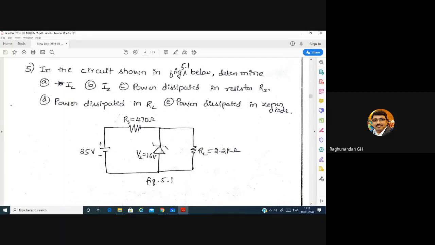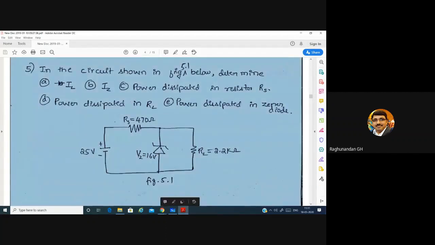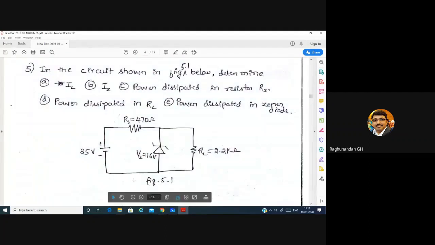Once it has got reverse biased and entered the breakdown region, it is maintaining 16 volt across its terminal. If you measure voltage across these two terminals, it will be 16 volt.